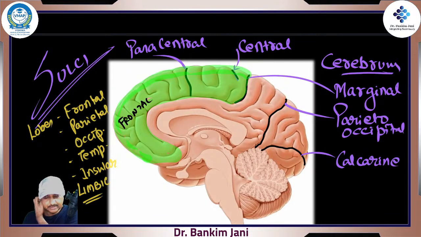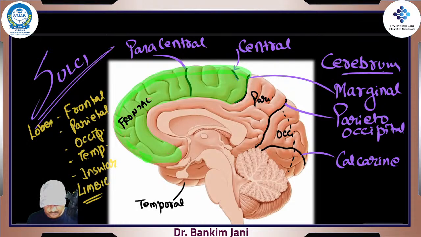One part which is before the paracentral sulcus, one part which is after it. This portion, that one would be the parietal lobe. This whole thing is the occipital lobe. Here it would be the temporal lobe, right? And the limbic one, that limbic is this. That one would be the limbic lobe.